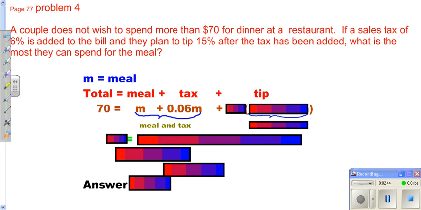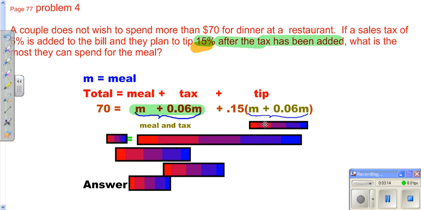You'll notice up here it says your tip is 15% after the tax has been added to the price of the meal. Well, 15% as a decimal is 0.15. We need your tax added to the meal, which is what we have right here, so it really needs to be 15% of that.